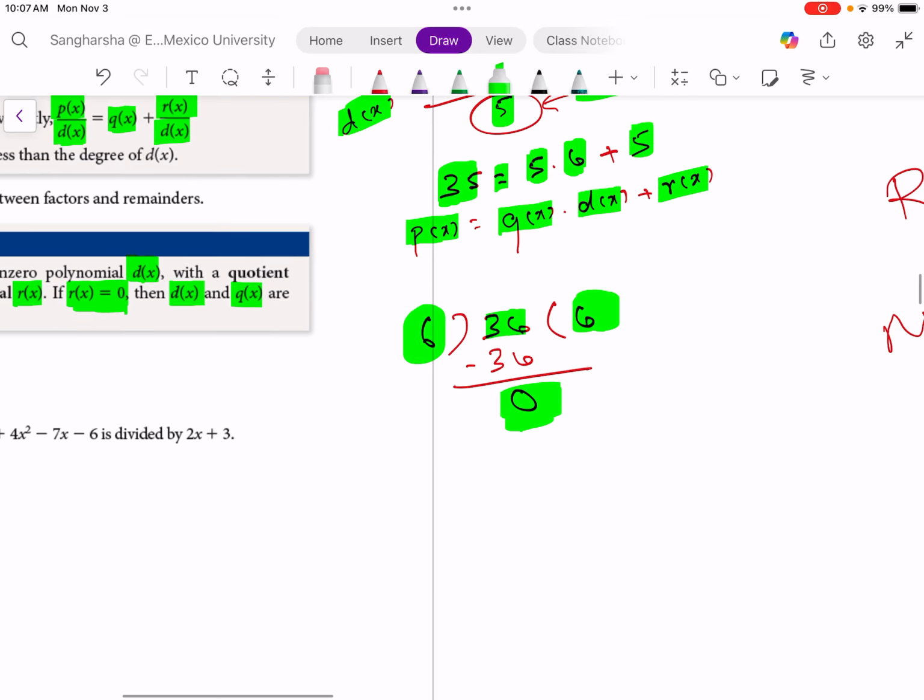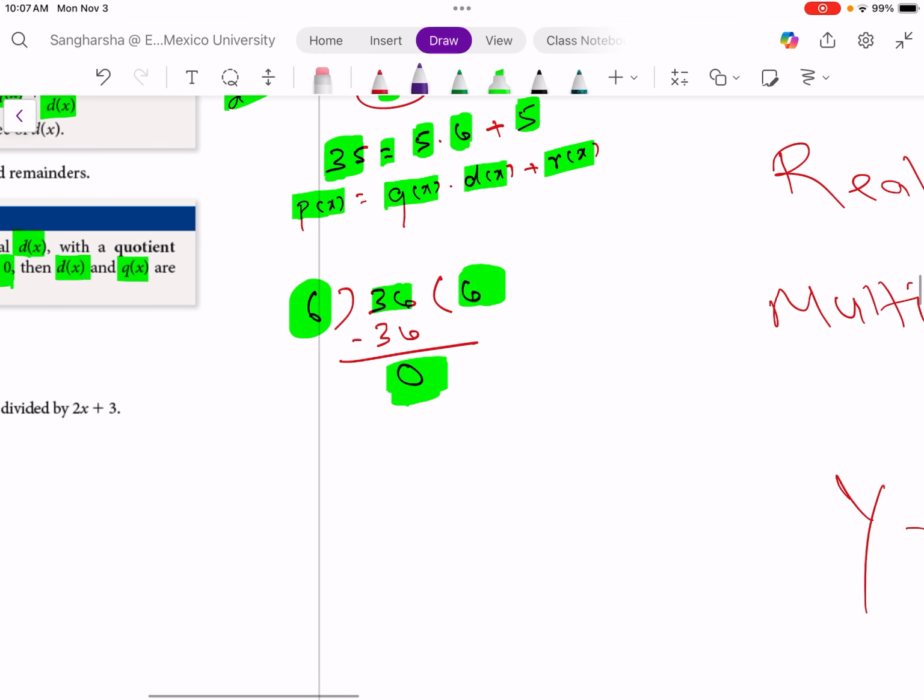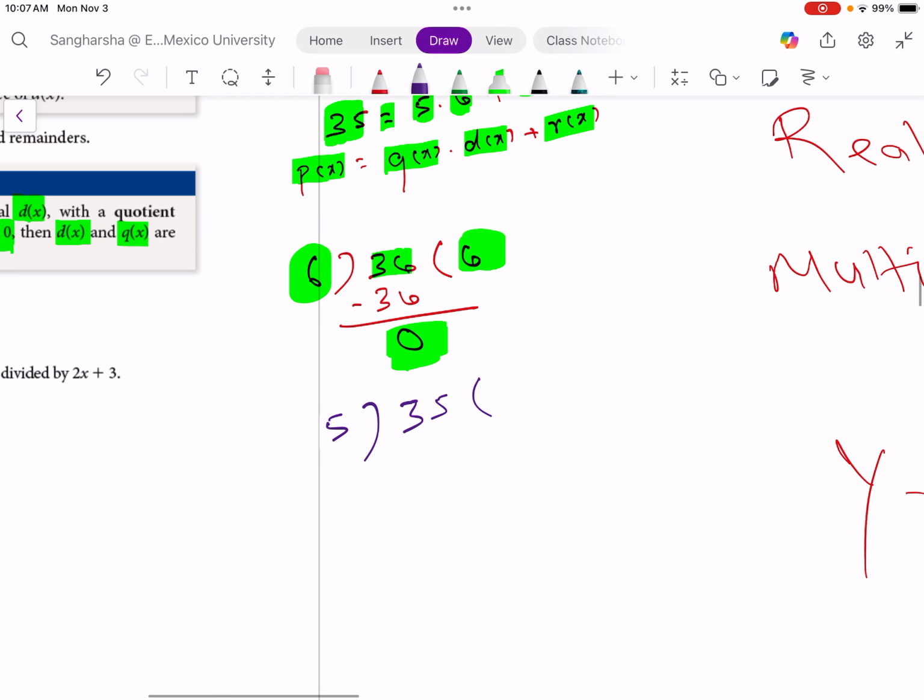Okay, so let me take a different number. For example, let me take 35, and let's divide 35 by 7. So if we divide 35 by 7, then our quotient is 5, and we get our remainder as 0. So whenever our remainder is 0, then the divisor and the quotient, both of these are factors of 35.